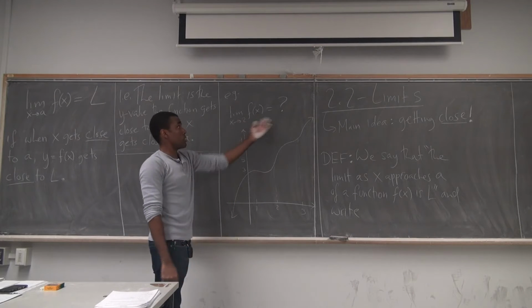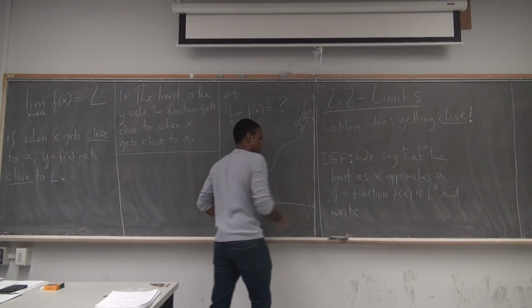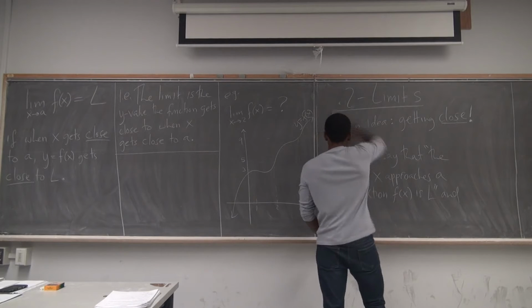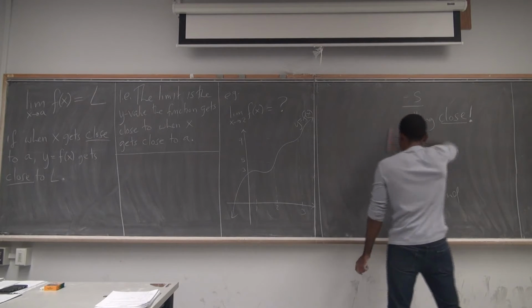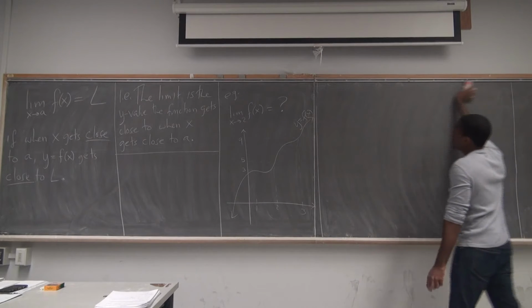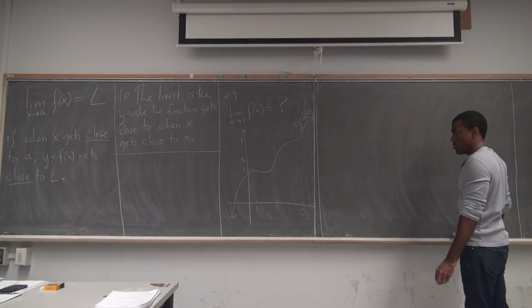So y equals f of x. What is the limit as x gets close to 2 of that function?